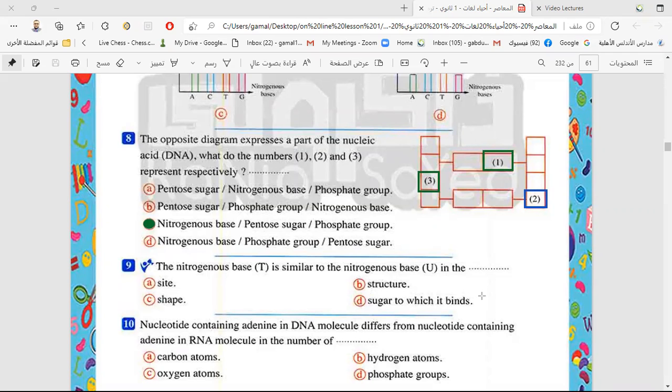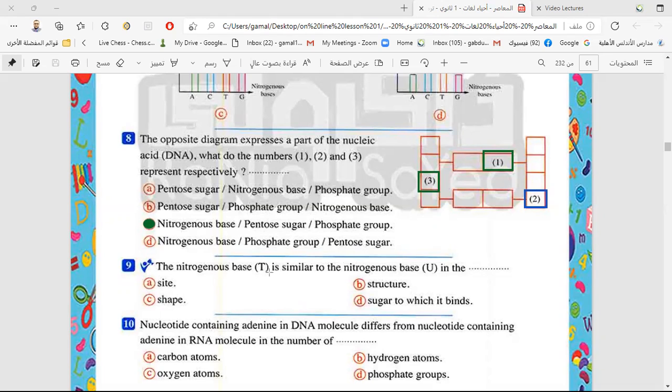T and U are similar in what? Yes, they are similar in size. This is correct. They have similar size.